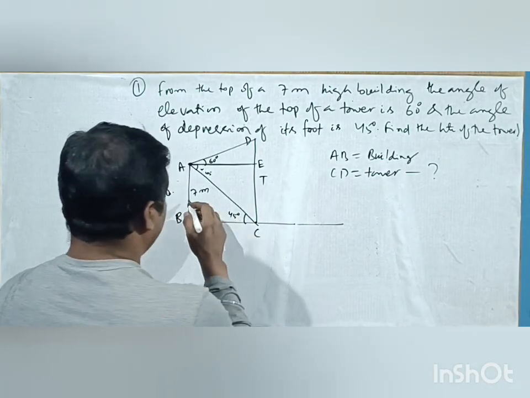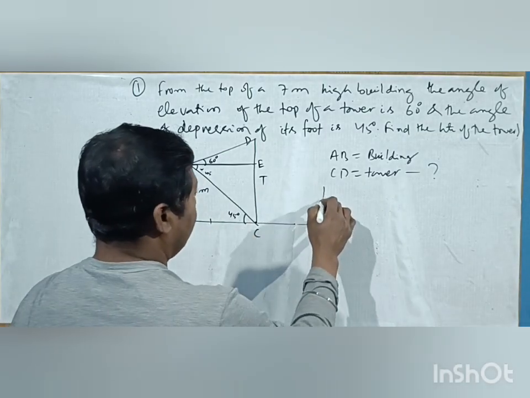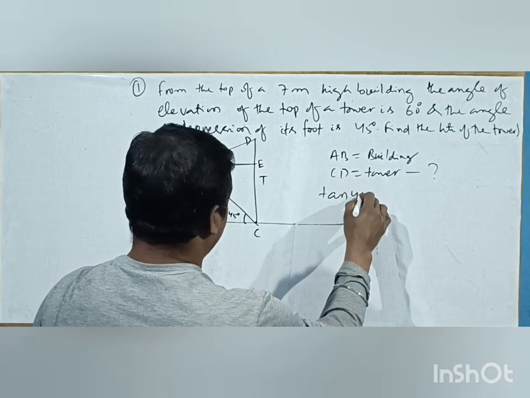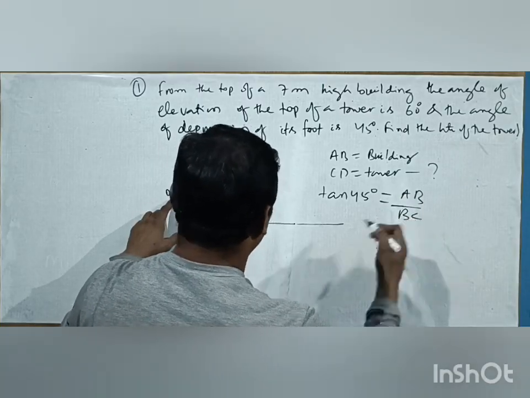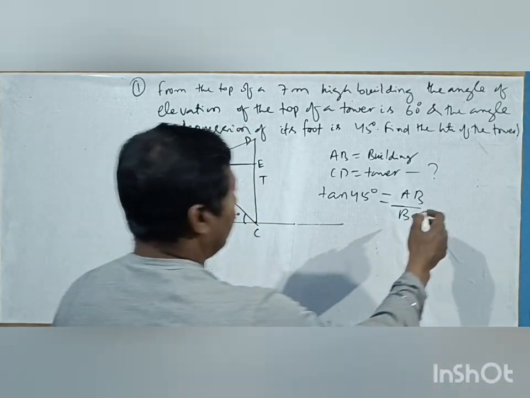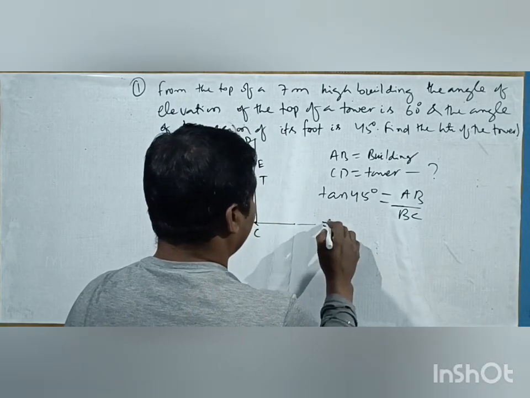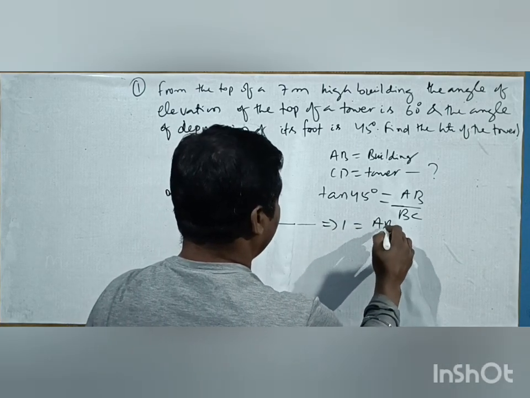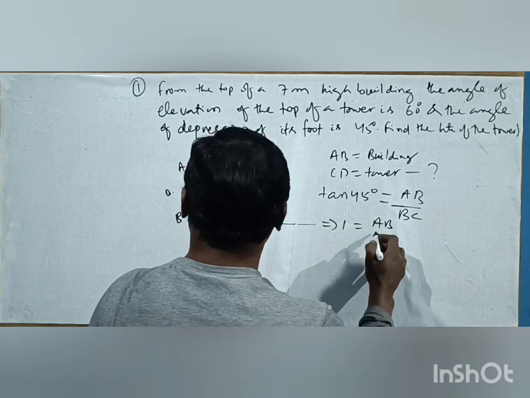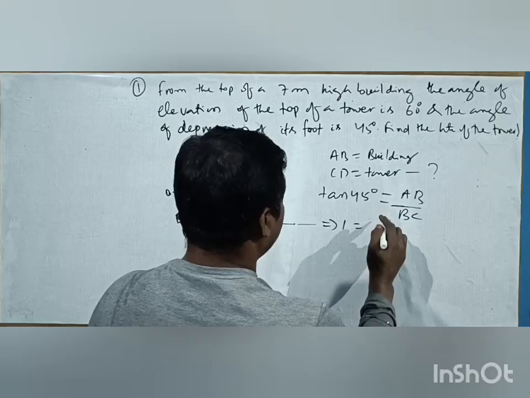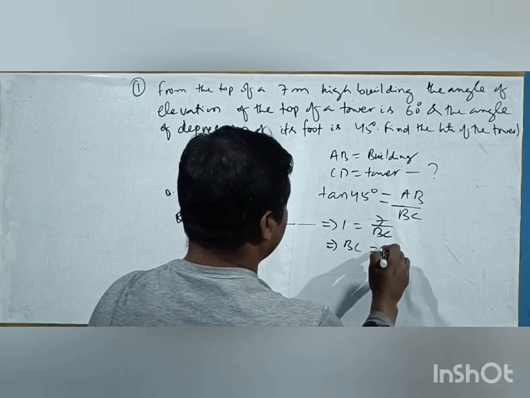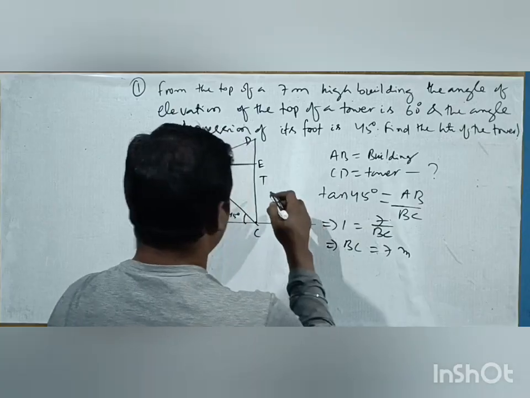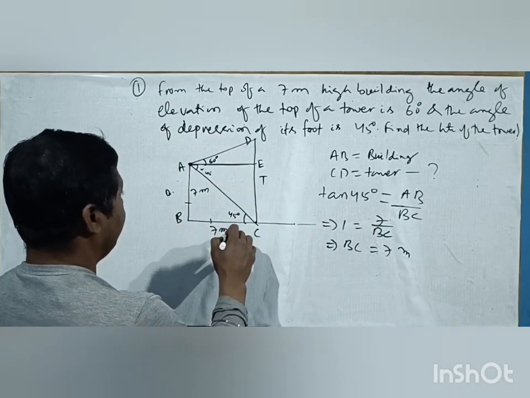So the ratio of these two sides is tan theta. Tan 45 degree is AB by BC. That means 1 equals AB by BC. AB is given, 7 by BC. That means BC is also 7 meter.